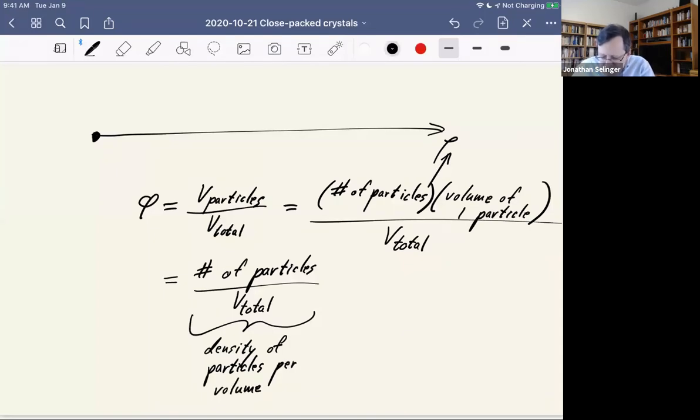You might call this the number density or the concentration of particles per volume.